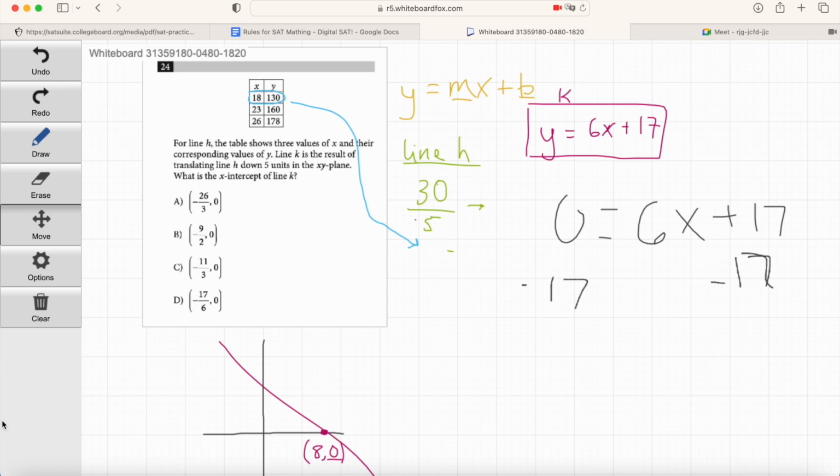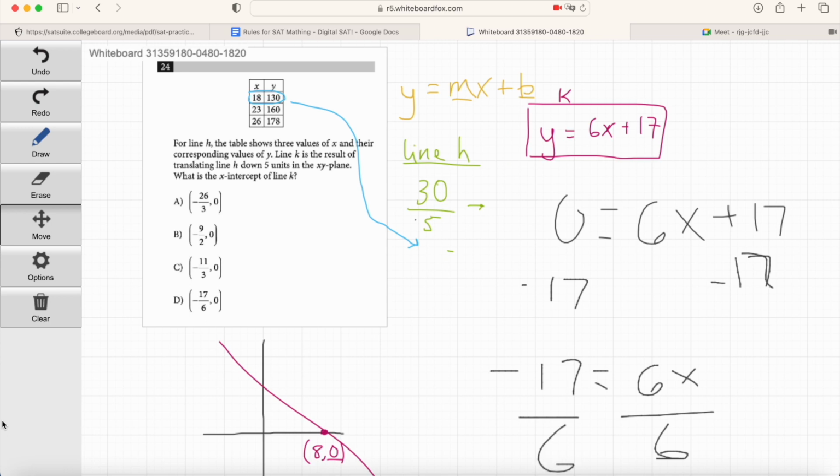Looking good. And that is going to be negative 17 equals 6x. And then divide by 6 on both sides. Yep, looking good.